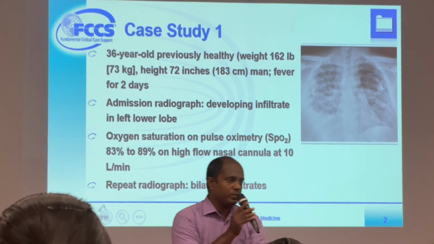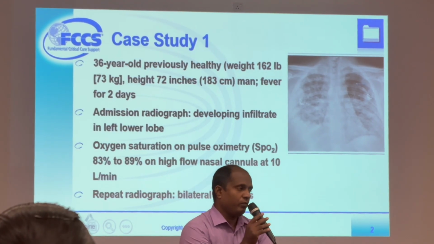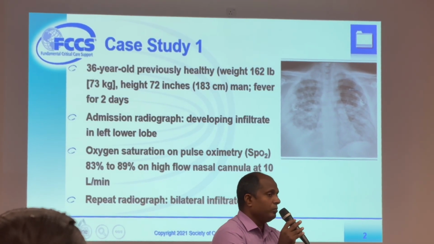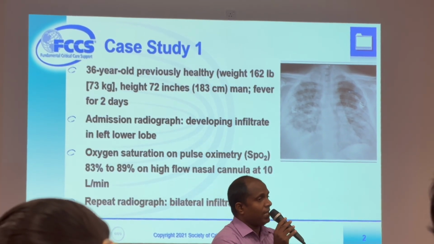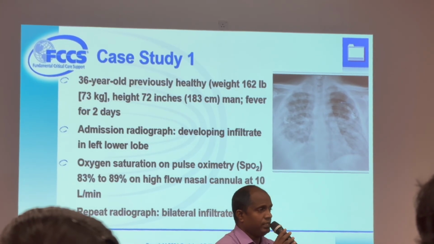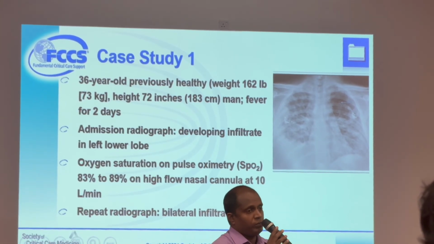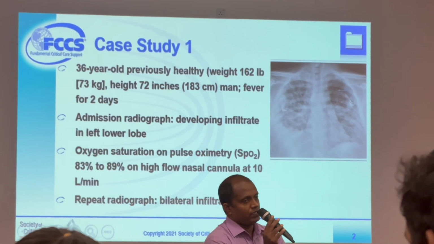So what is the prescription of ARDS? 6 ml per kg of ideal body weight, PEEP of 8, FiO2 based on the ARDSNet guideline. If I am not sure about that, start on 100 percent. IE ratio 1:1.5 initially, and if not oxygenating, go for 1:1.